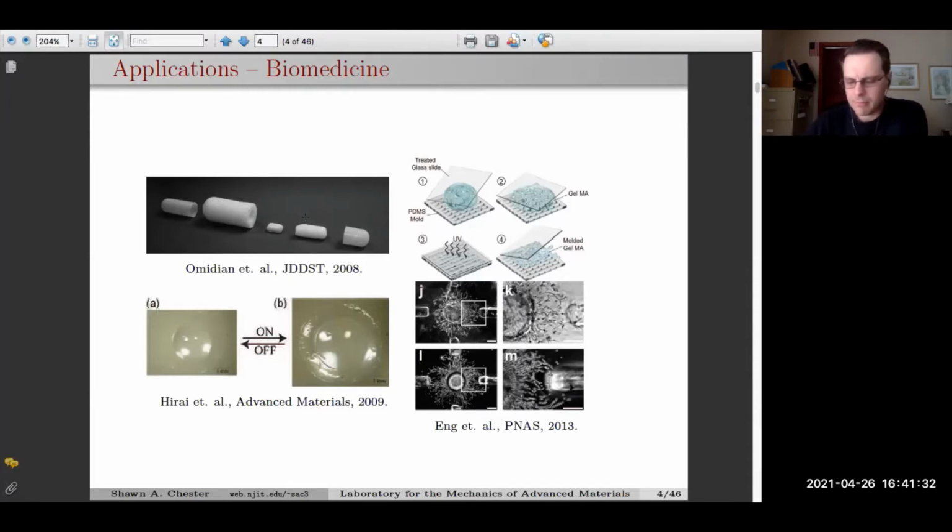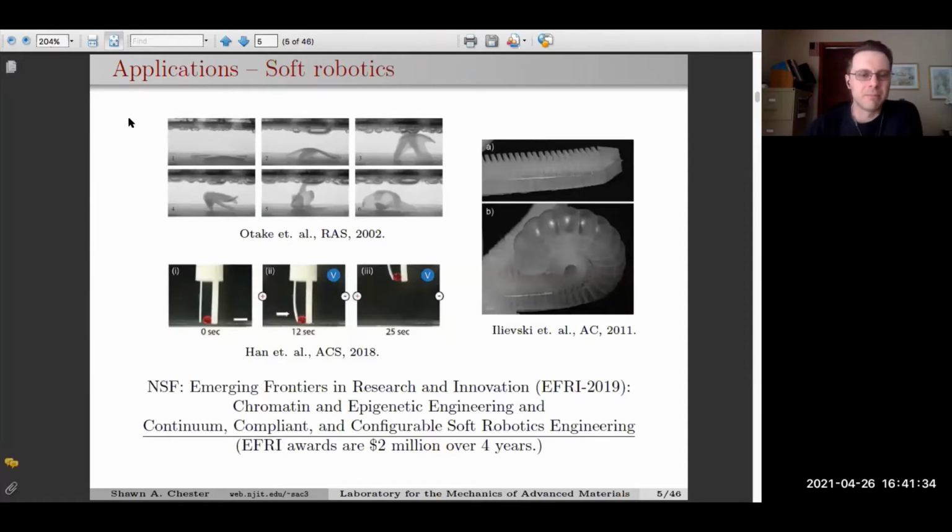A little more interesting to me, I'm not very biology oriented, so as an engineer, robotics is something a little closer to home for me. And so people are using these materials now for soft robotics. The picture on top is some little swimming robot.